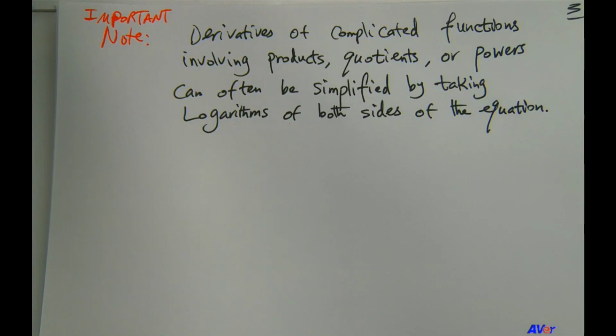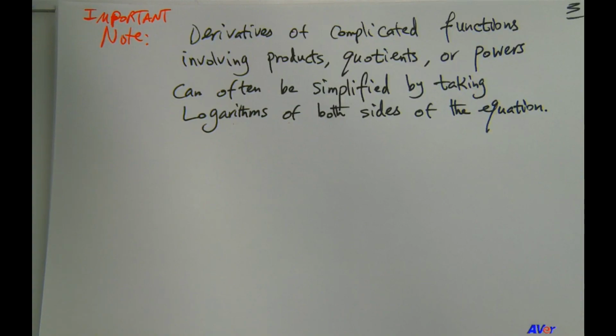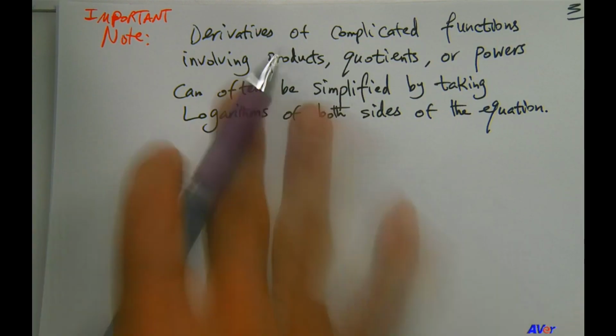If you take the logarithm of a quotient, you can convert that quotient to the subtraction between two separate terms. So we can use techniques like that to change the expression such that it's easier to find the derivative for it.